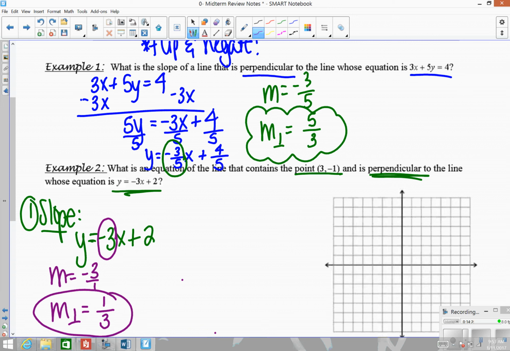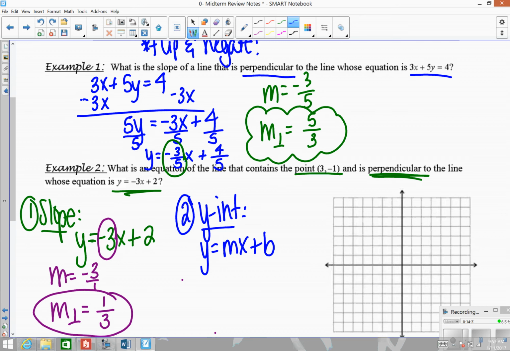So this is going to be important. My second step is to find the y-intercept. To find the y-intercept, you're going to use y equals mx plus b. You're going to use the point, so this is your x, this is your y. And you're going to use the perpendicular slope, not the parallel slope, not the equal slope.